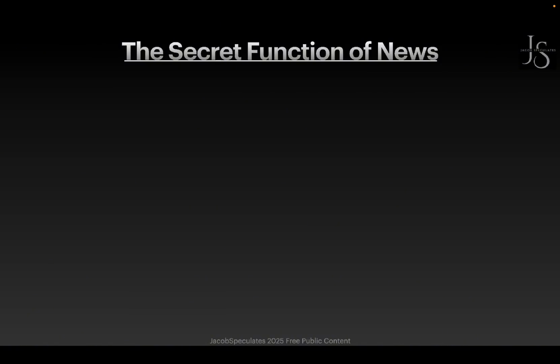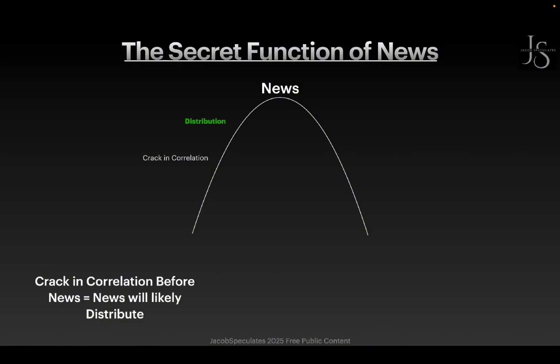And to add on to that, we have the secret function of news. So whenever you have a news release, if you have a crack in correlation form before a news driver, then the news driver will typically pose as distribution. So crack in correlation before news equates to news will likely distribute.